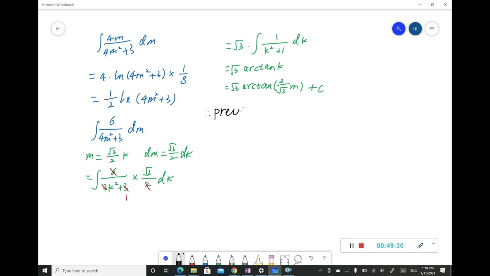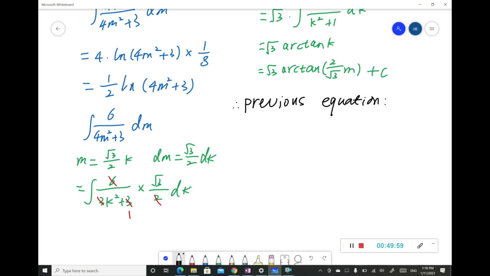And for the previous equation, we could change the m to u. So the previous equation will become 1 divided by 2 log of 4u squared plus 3.